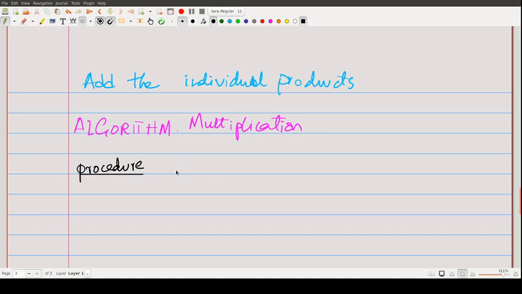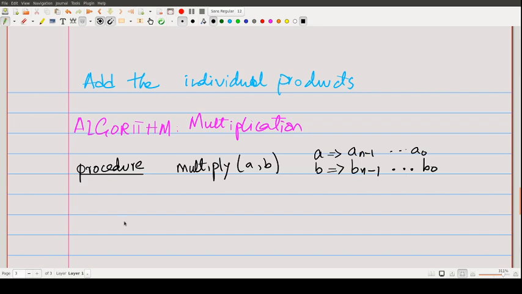The procedure is to multiply A and B, where A is equal to a(n-1) ... a0, and B is equal to b(n-1) ... b0.